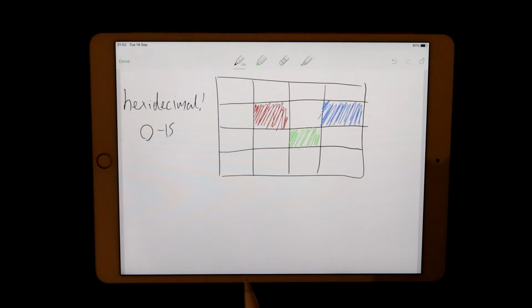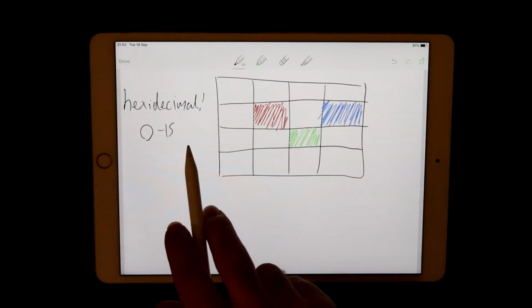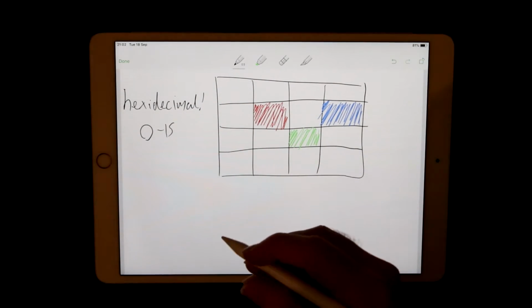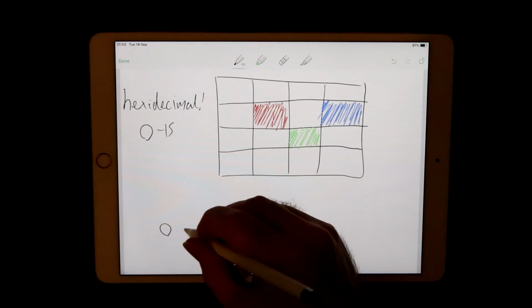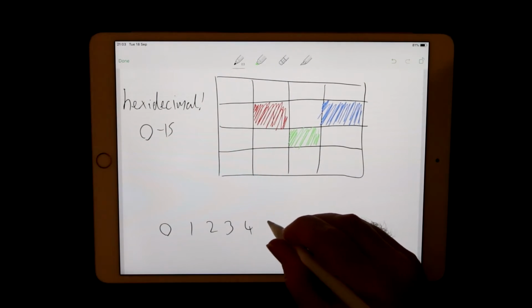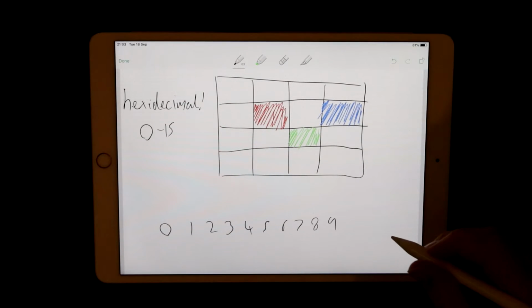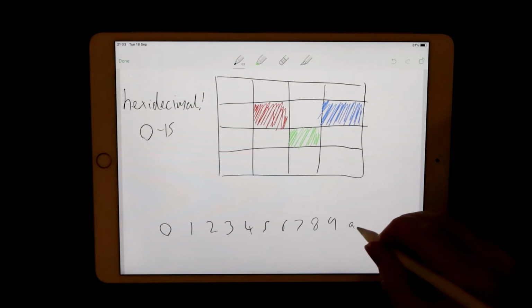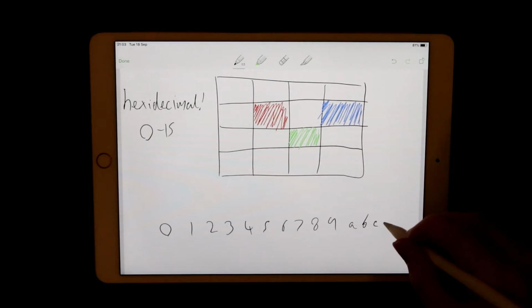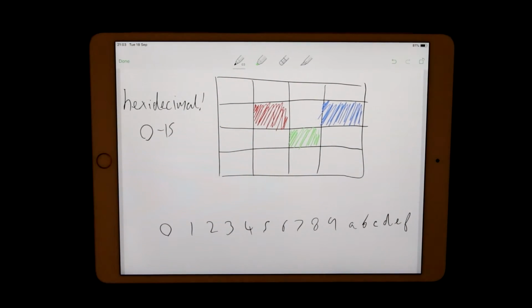we don't typically represent the final values as 2 digits. Instead we start using the letters. So in hexadecimal we use 0, 1, 2, 3, 4, 5, 6, 7, 8, 9, and then we use A, B, C, D, E, and F. And that is 0 to 15.